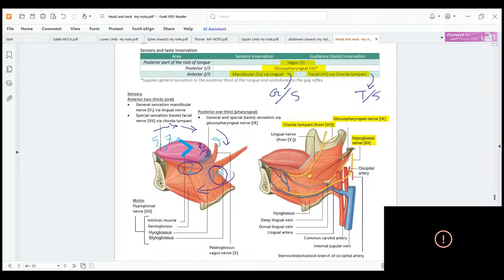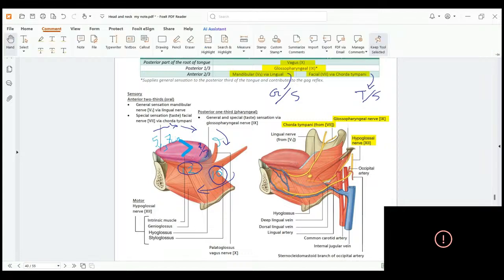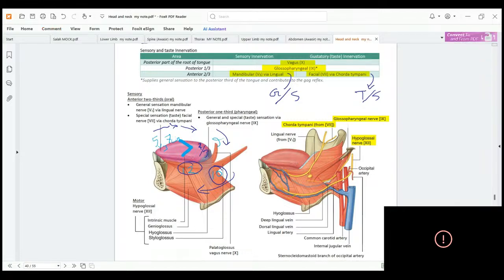Now, which one is which? How do we know? Hyoglossus goes with the hyoid bone. Here is the hyoid bone. And here is styloglossus.